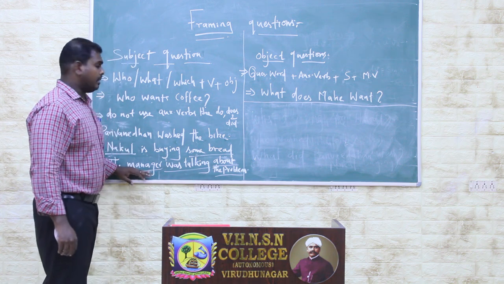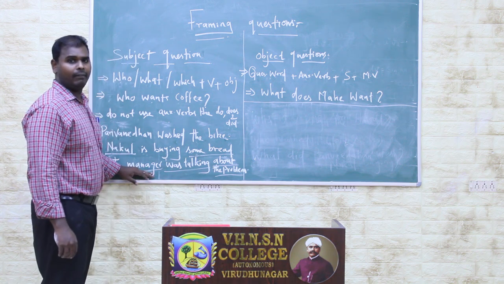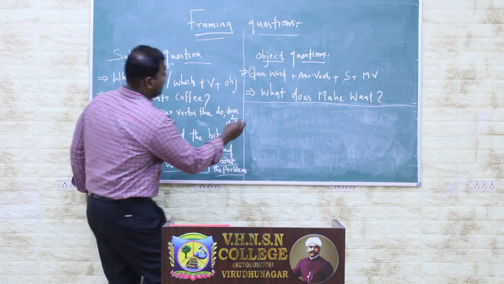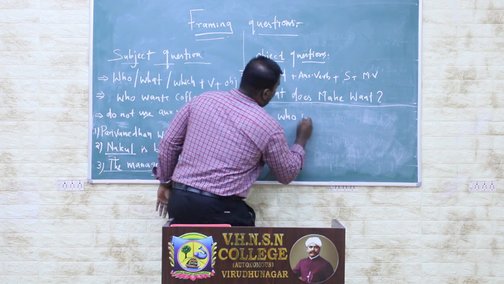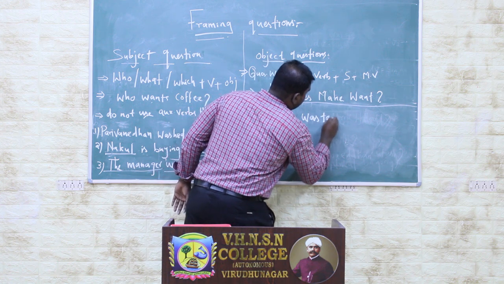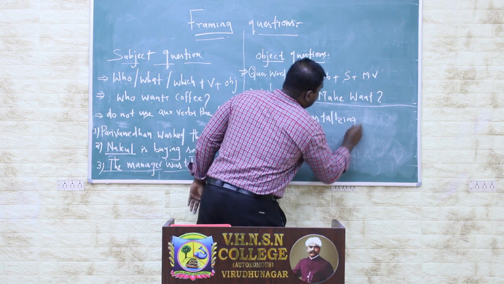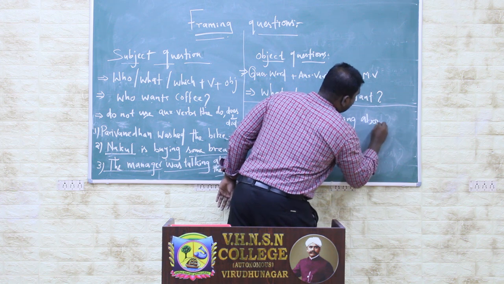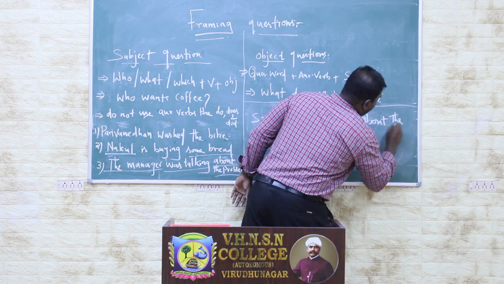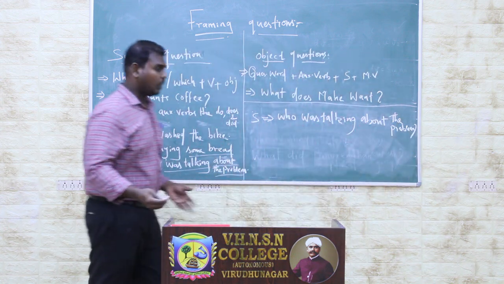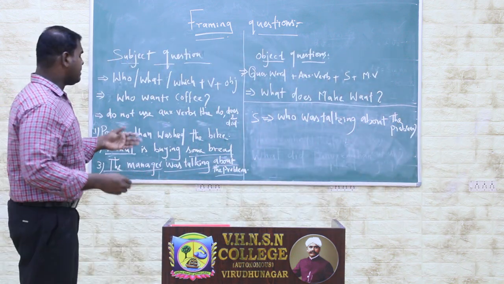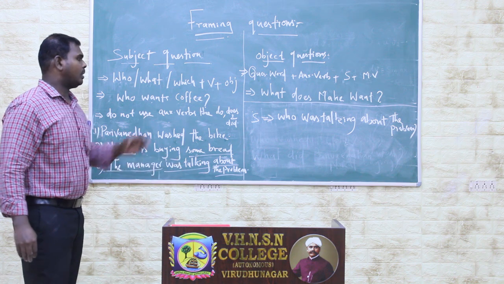The manager is a person, so we use who. For the subject question: Who was talking about the problem? The answer will be: the manager was talking about the problem.